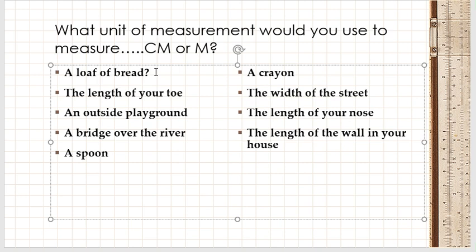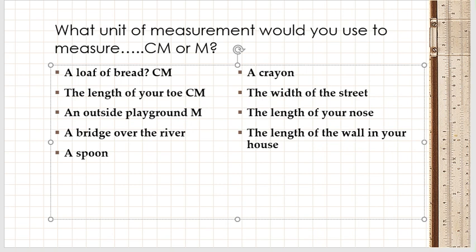What would you use to measure a loaf of bread? Would you use centimeters or meters? I would use centimeters. What about your toe? Is a toe a big thing or something small? Something small, so remember when it's small, we would use centimeters. Now, a playground outside, that's a fairly big thing, so what would you use? Meters, because it's big.